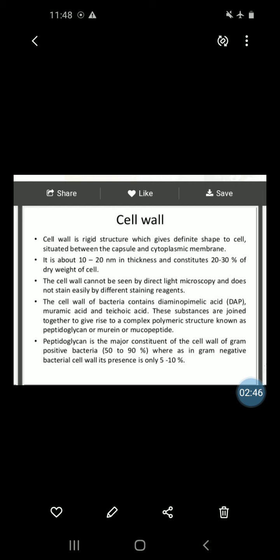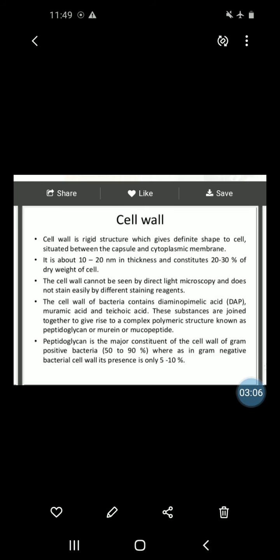Peptidoglycan is the major constituent of the cell wall of gram-positive bacteria, 50 to 90%, and in gram-negative bacteria it is present only at 5 to 10%. Keep in mind this difference between the cell wall of gram-positive and gram-negative bacteria.